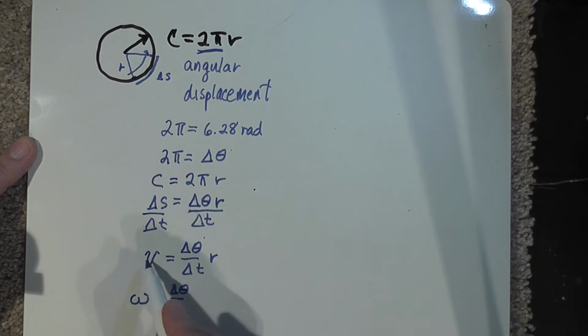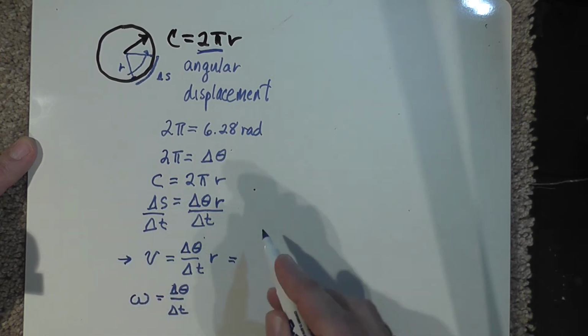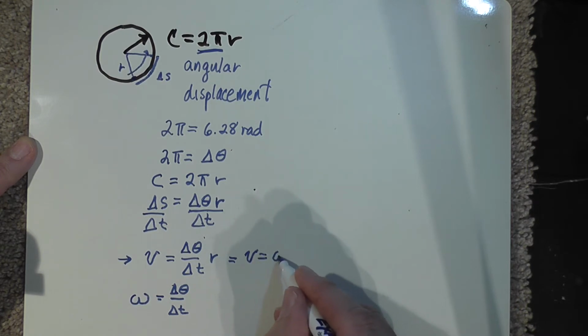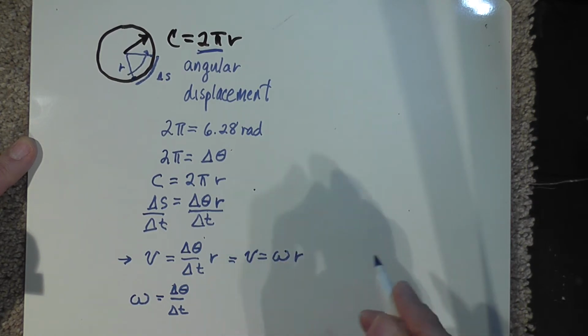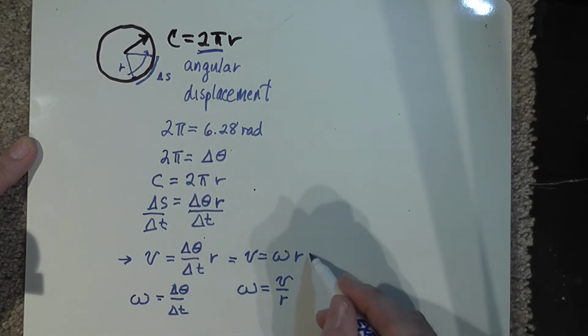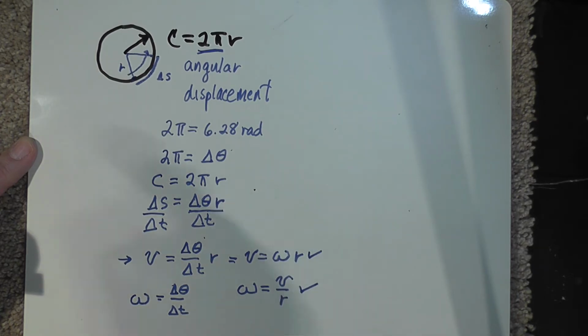So let's go to this equation up here and write it out with the omega sign. So V is equal to omega R. We can also write this as omega is equal to velocity divided by the radius. And so these two equations you'll be using a lot when you are transitioning from velocity to angular velocity.